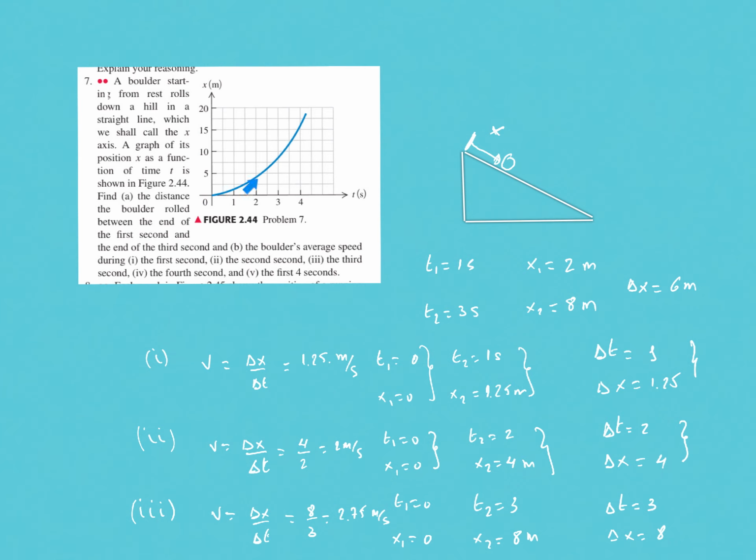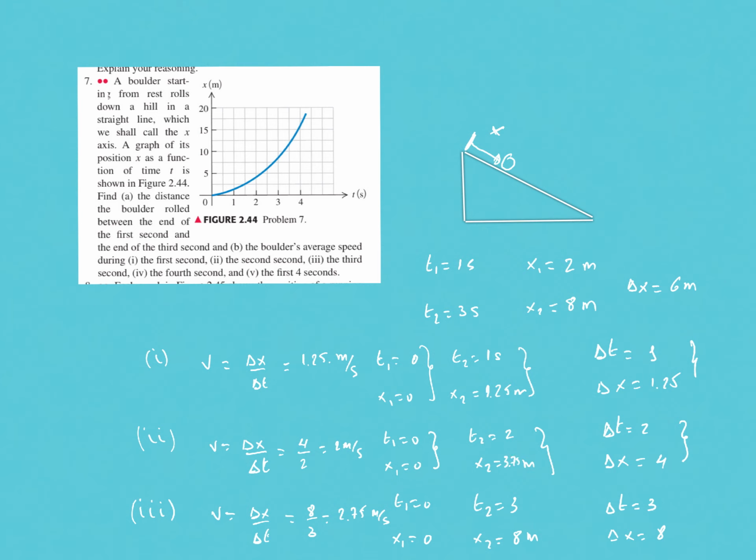At t equal 2, the position is between 2.5 and 5, like 3.75. Maybe I have to correct here and write down 3.75.